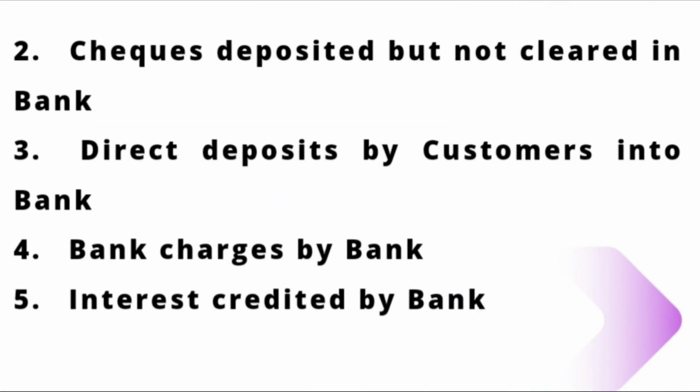Checks deposited but not cleared in bank yet. Direct deposits by customers into the bank and bank charges by bank, and finally interest that is credited by bank. These are the reasons or causes for differences we notice in preparing the bank reconciliation statement.